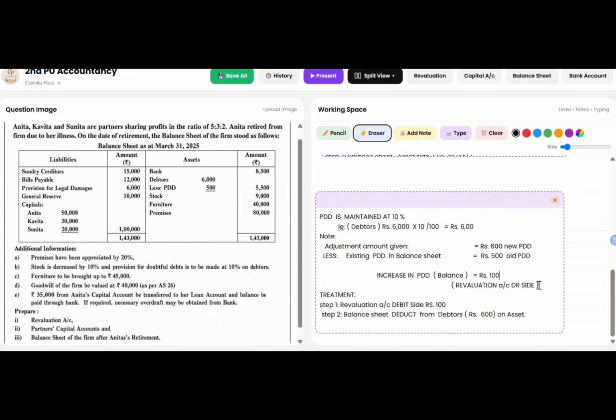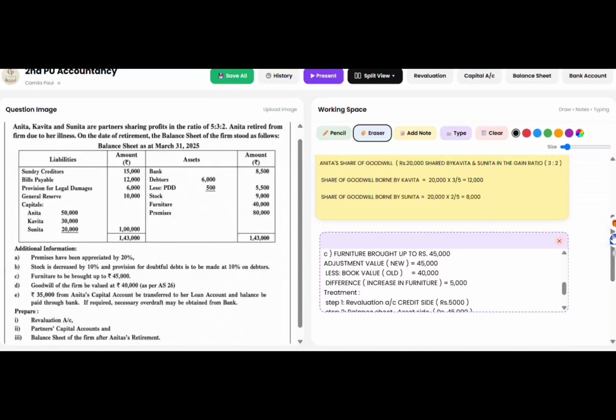When we compare these two, we can make out that the old PDD is lesser and the new PDD is more. This means it is an increase in the PDD, which is a loss for the firm, that is rupees 100. So this should be recorded on the debit side of the revaluation account. In the balance sheet, since the new PDD is increased to 600, we will deduct rupees 600 from the debtors on the asset side of the balance sheet.